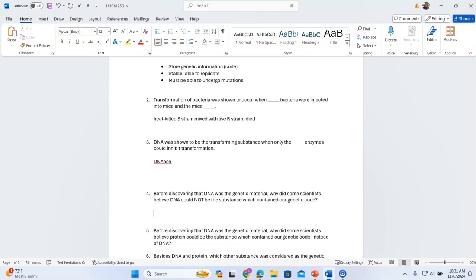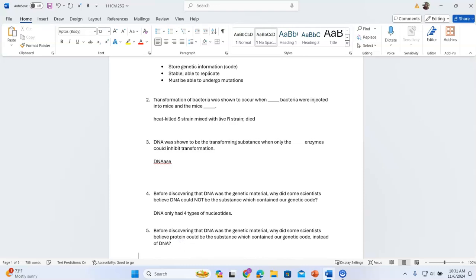So, number 4, before discovering that DNA was the genetic material, why did some scientists believe DNA could not be the substance which contained our genetic code? The answer is because DNA only had 4 types of nucleotides, which we know serve as the building blocks for DNA. So there were only 4.